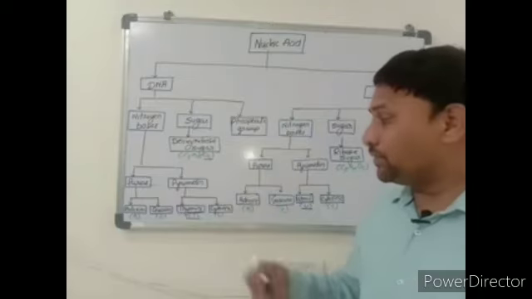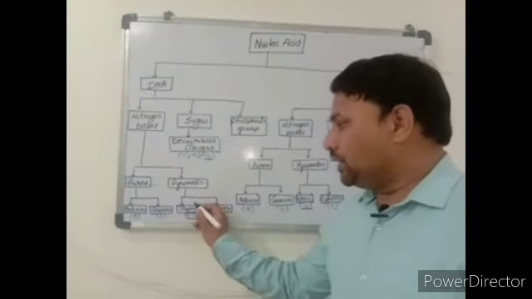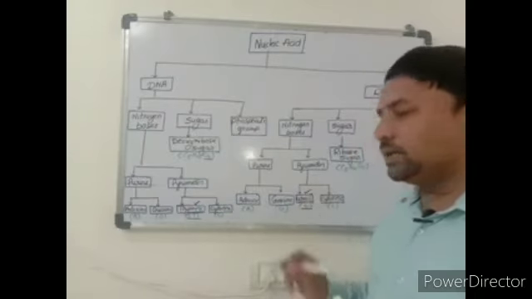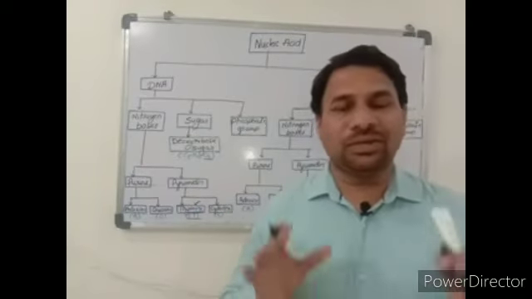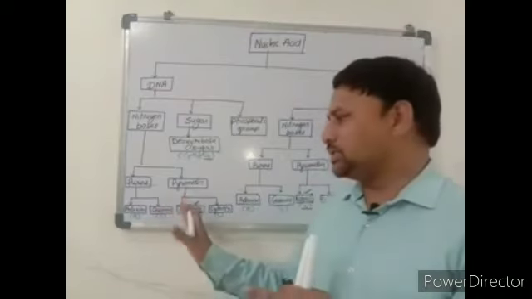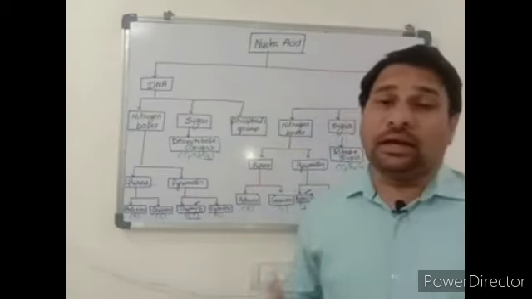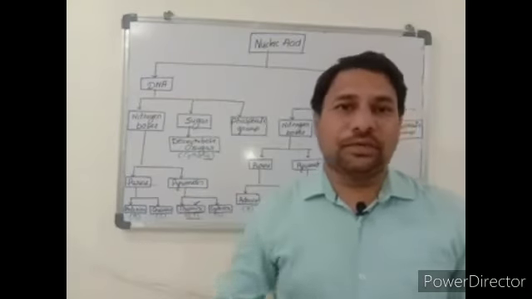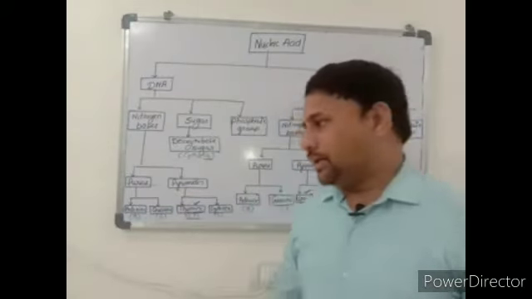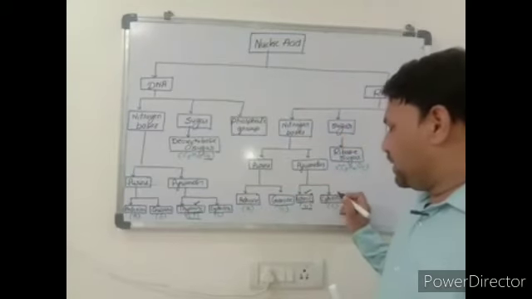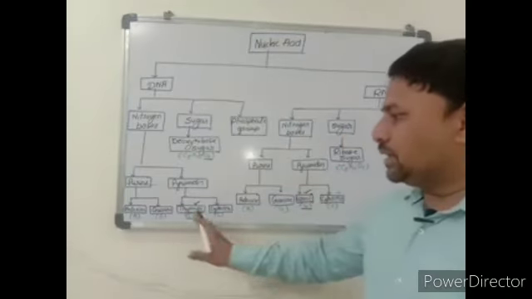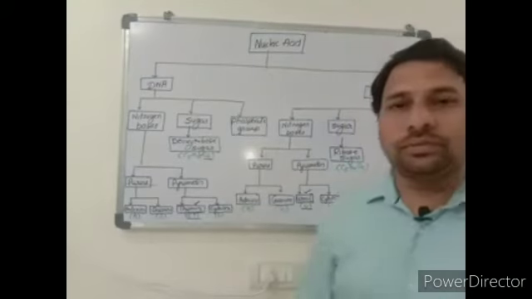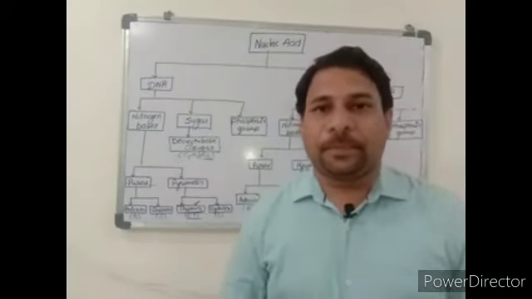The very important difference between DNA and RNA is that in DNA thymine is present, and in RNA thymine is replaced by uracil. Both are single ring structures, but DNA contains thymine and RNA has uracil instead. Cytosine is similar in both. So these are the nitrogen bases in RNA.